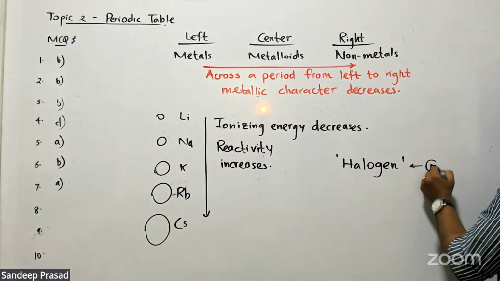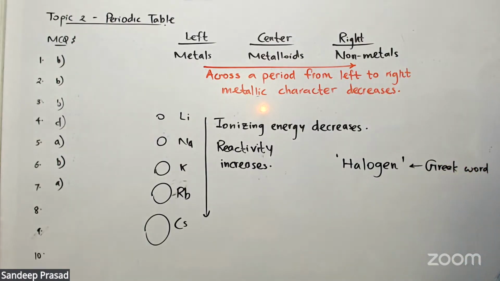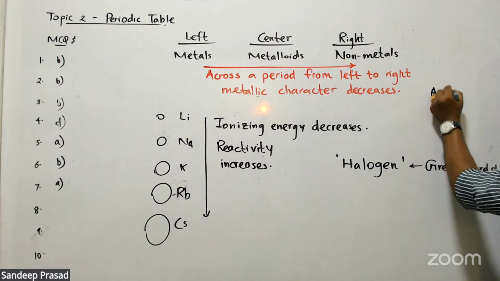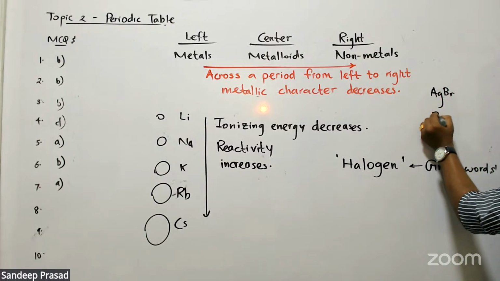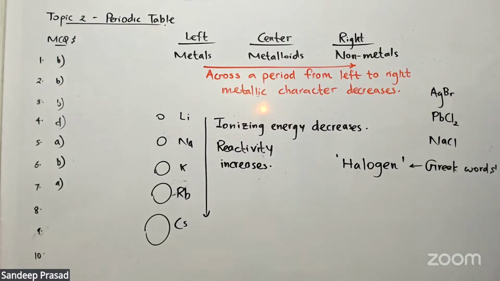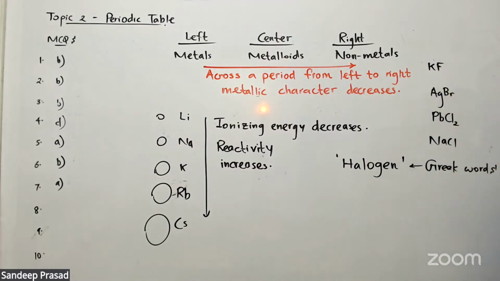Halogen is actually a Greek word. Normally, halogens are producing salts. For example, silver bromide, lead chloride, sodium chloride. Okay, that's the famous salt that we know. Potassium fluoride. Likewise, these are actually salts. You can see that the halogen elements exist as anions in these compounds.